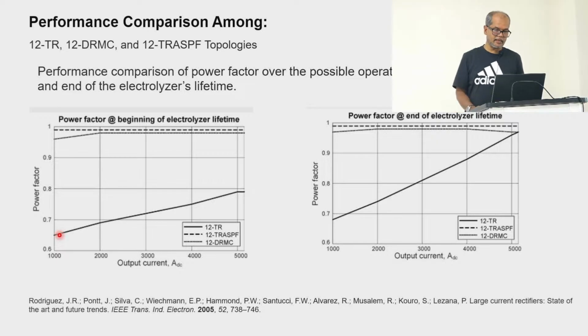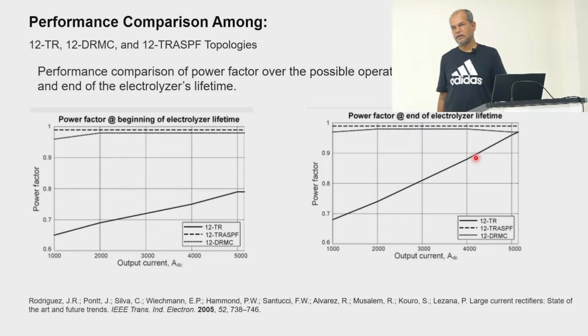But you might ask why it's showing better performance here. Whatever power factor you can see here at the beginning of the electrolyzer installation, we are getting higher at the end of the electrolyzer lifetime. But it should be the other way, right? Normally we get better performance in the beginning.